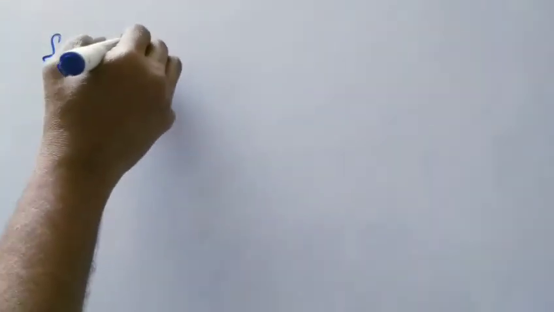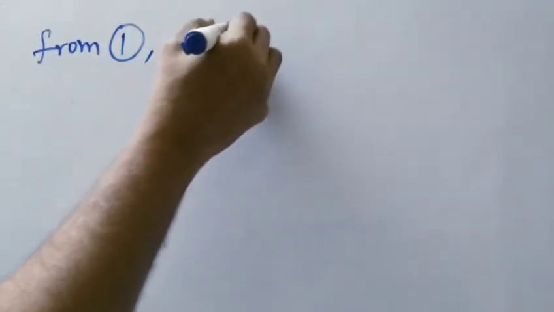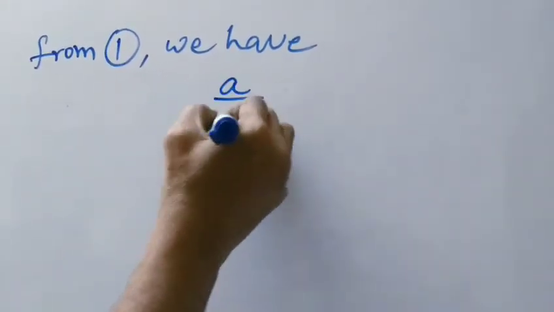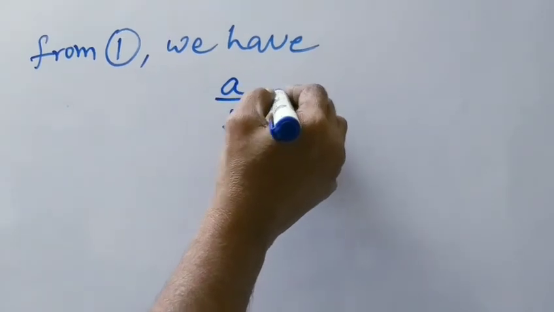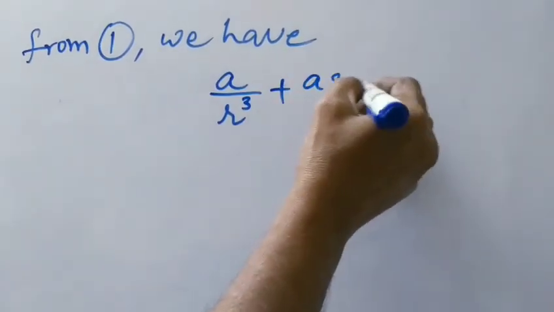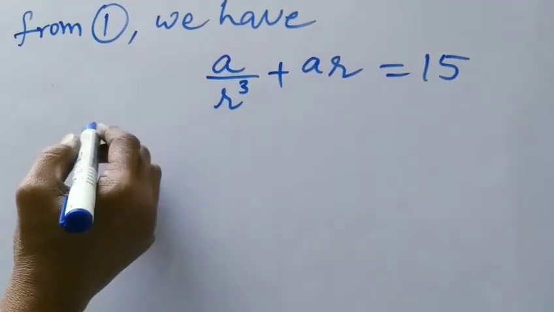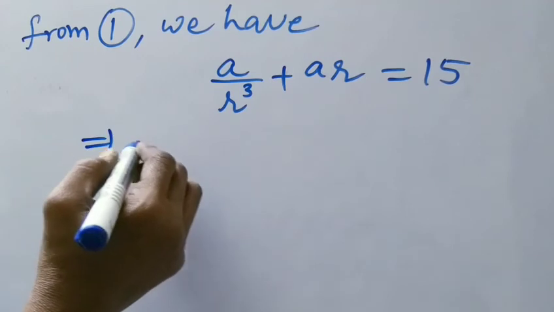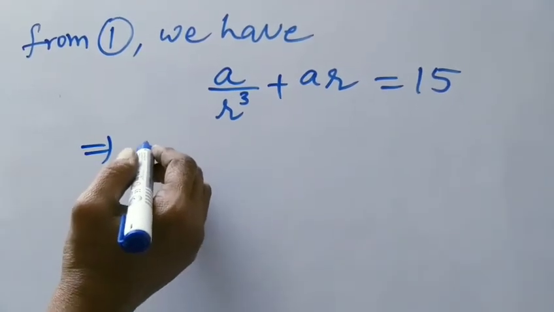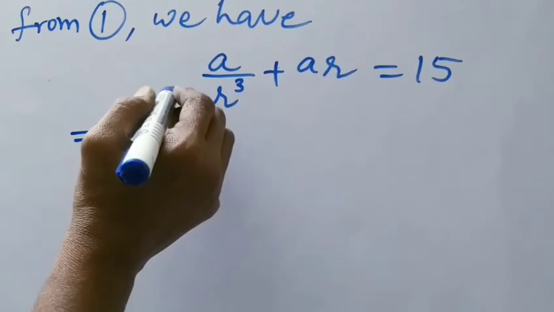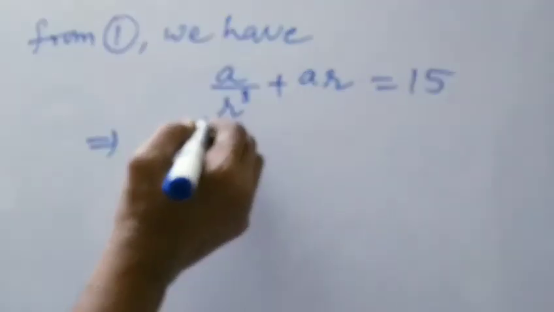From equation 1 we have a/r³ + a·r is equal to 15. Which implies, the common ratio value is already known by us, root 2.